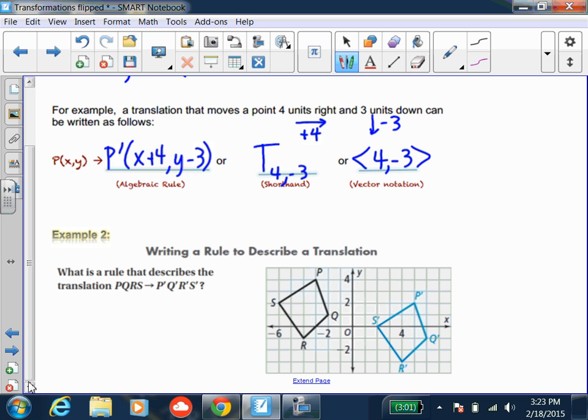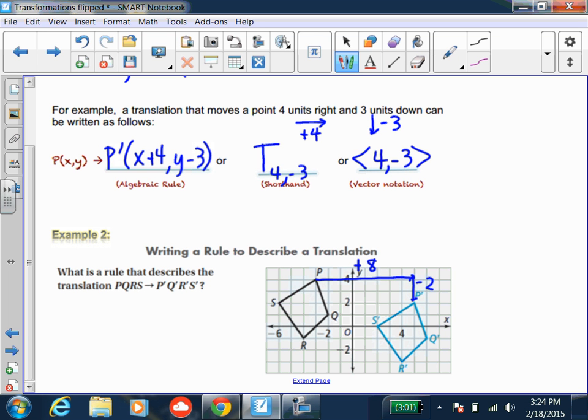To go from P to P prime, we go over 1, 2, 3, 4, 5, 6, 7, 8 units to the right, and we go 2 units down. So we go plus 8 and minus 2. Our x value changes plus 8, and our y value changes minus 2.